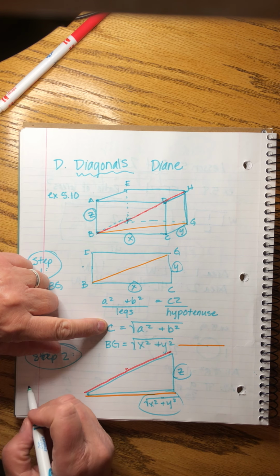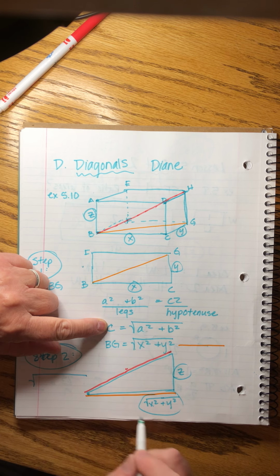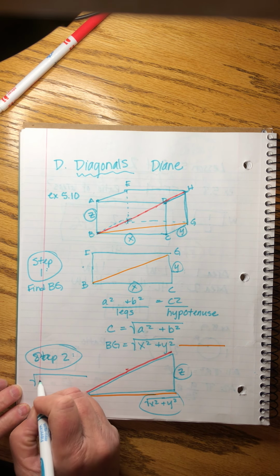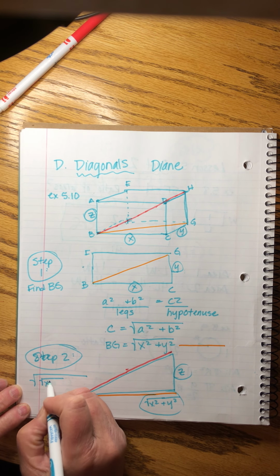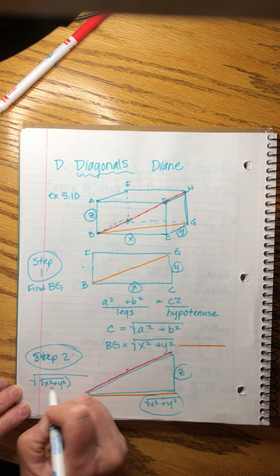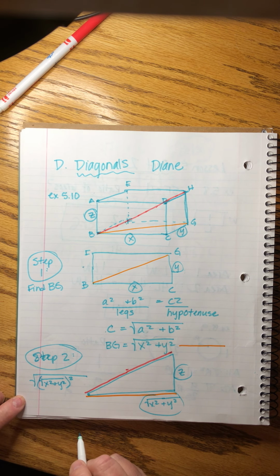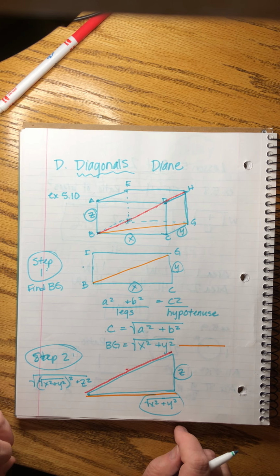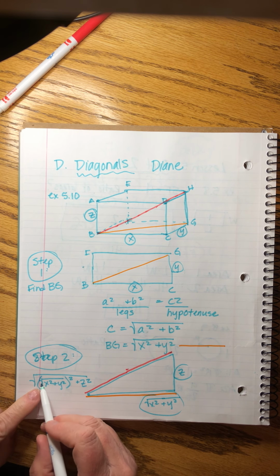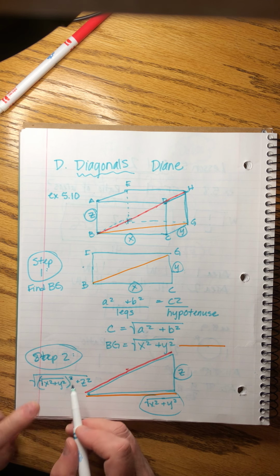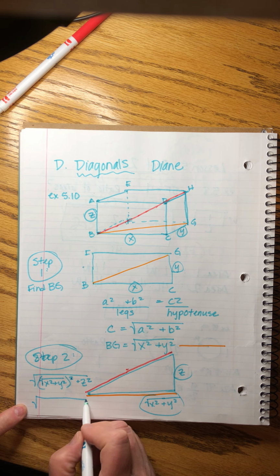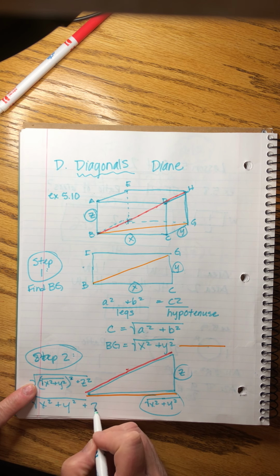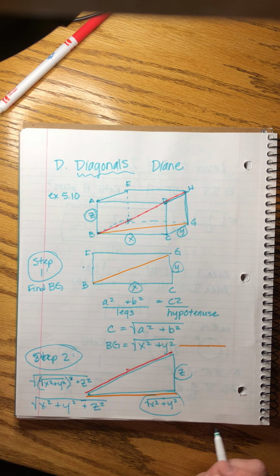We'll have the square root of this squared plus z squared. And because this little square root and that squaring cancel each other out, our final answer is x squared plus y squared plus z squared, which is pretty cool if you think about it.